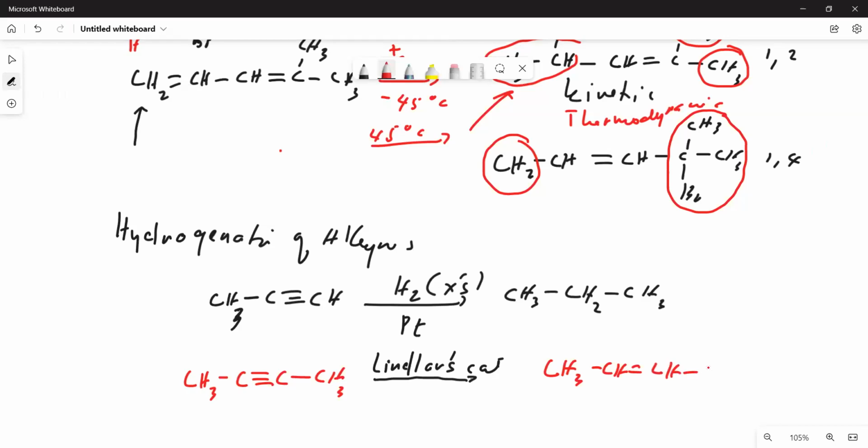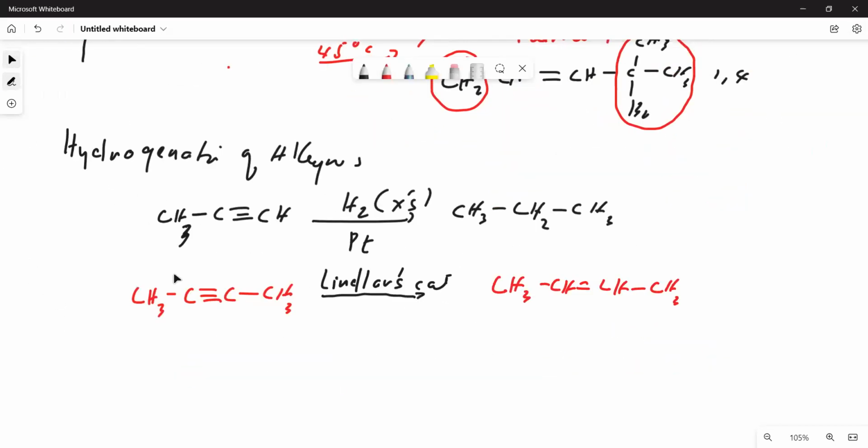But you know, this alkene can exhibit geometric isomerism, right? 2-butene can generate cis and trans geometric isomers. So if we draw the cis of this one, you have methyl here, methyl, and then you have hydrogen, hydrogen. And the trans would be this one.